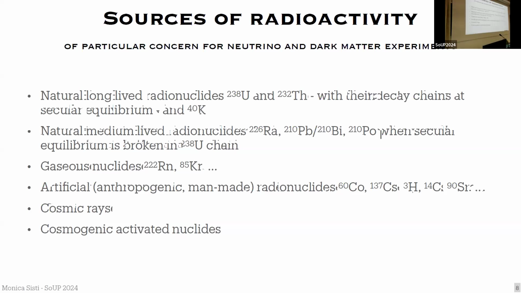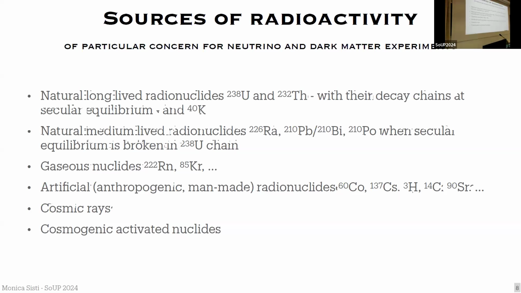Tritium and carbon-14 are also cosmogenically activated continuously in the atmosphere by cosmic rays. So we have them also from natural origin. For example, carbon-14 has been used for this reason many times for radiocarbon dating.